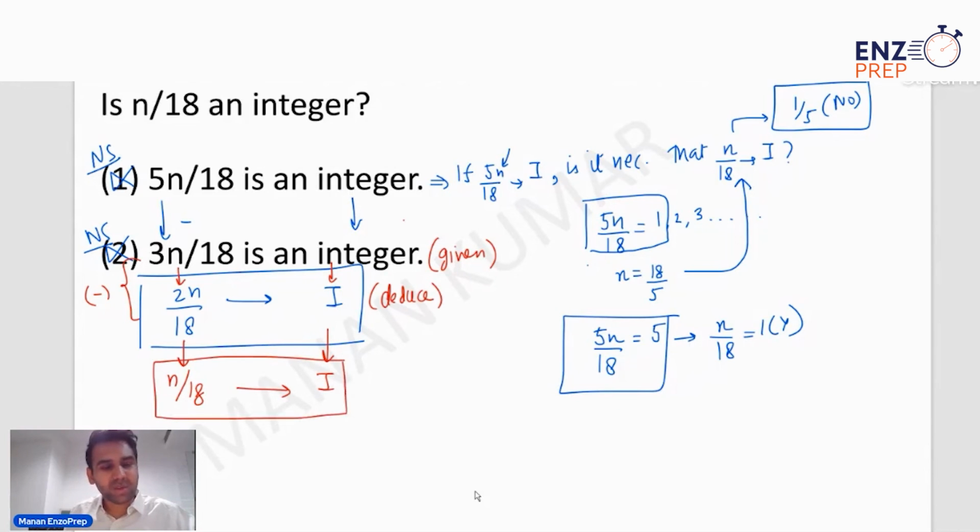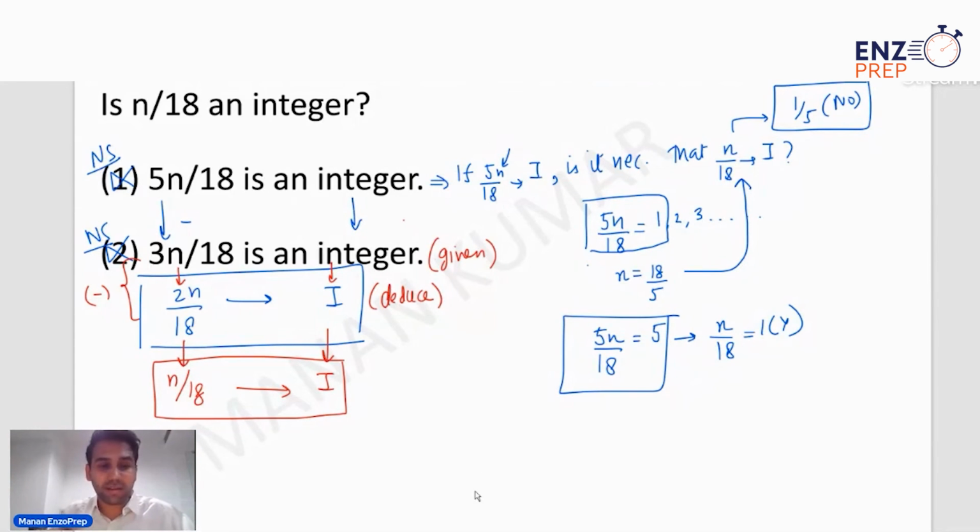Now, it's slightly unconventional in the way we are going about this, but the fact that you don't really have to test numbers gives you the confidence that n by 18 is guaranteed to be an integer. This is an algebraic way to reach the conclusion that n by 18 has to be an integer. There are no two ways around it. So you get a confirmed answer after combination.